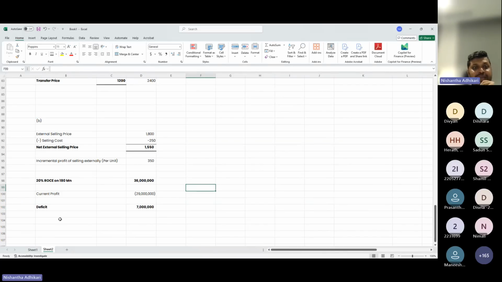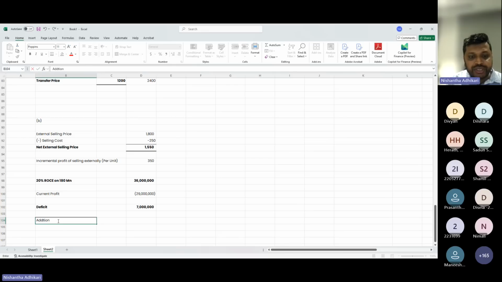In order to earn 7 million, how many additional units? If you sell 1 unit to the external market, you can earn 350 rupees additionally, right? Therefore, the additional units to be sold to the external market would be 7 million divided by 350.